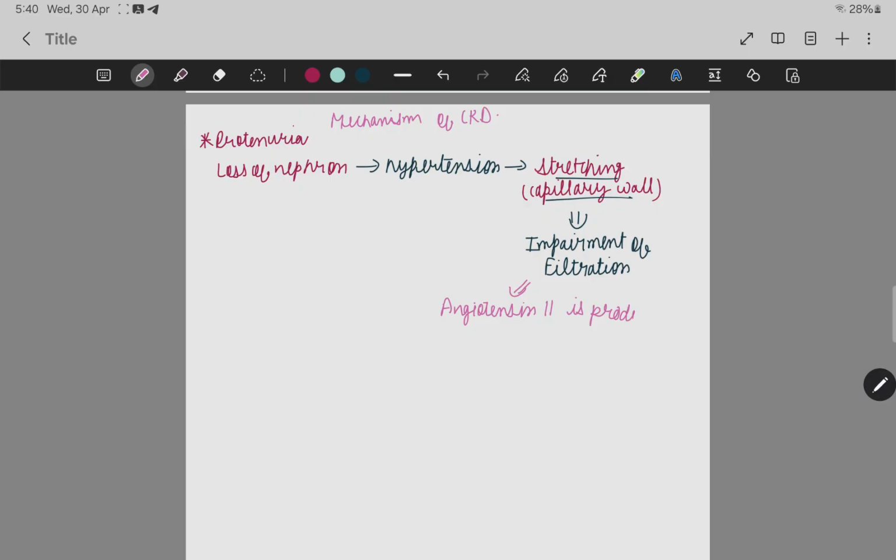This angiotensin II is expressed on podocytes. This production of angiotensin II downregulates the nephrin expression and hence causes proteinuria.